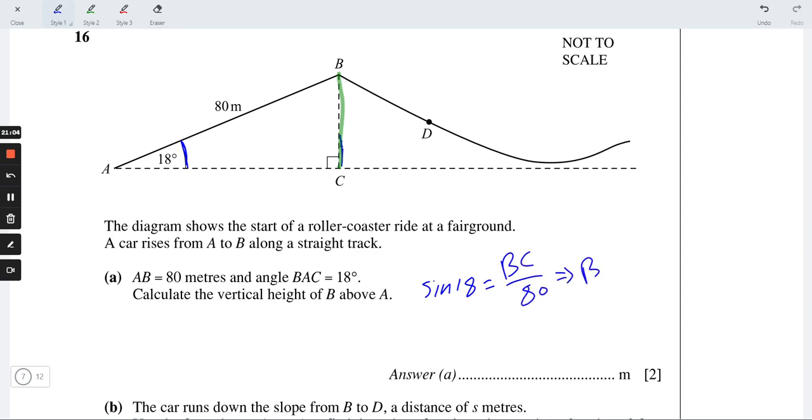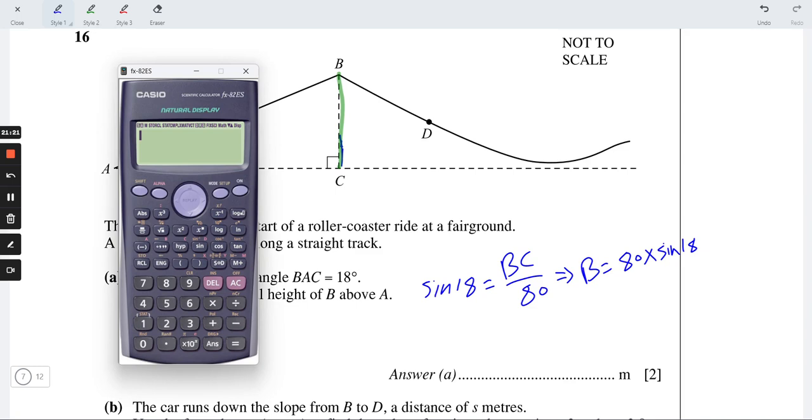Then we'll have BC equals 80 times sine 18 degrees. And be careful that you should use angles in degree mode, not in radian.